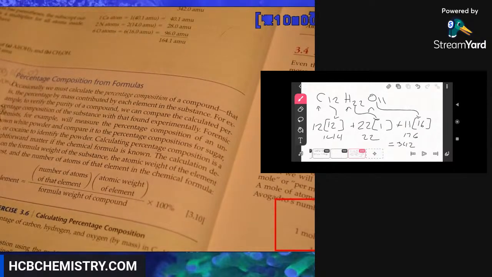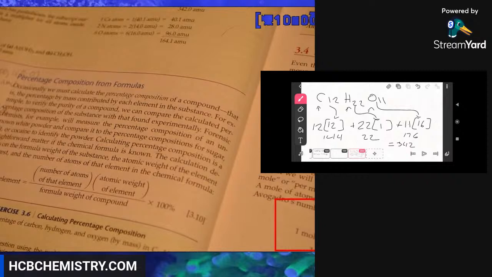All right, percentage composition from formulas. Occasionally, we must calculate the percentage composition of a compound, that is, the percentage of the mass contributed by each element of the substance. For example, to verify the purity of a compound, we can calculate the percentage composition of a substance and compare it to the value found experimentally.